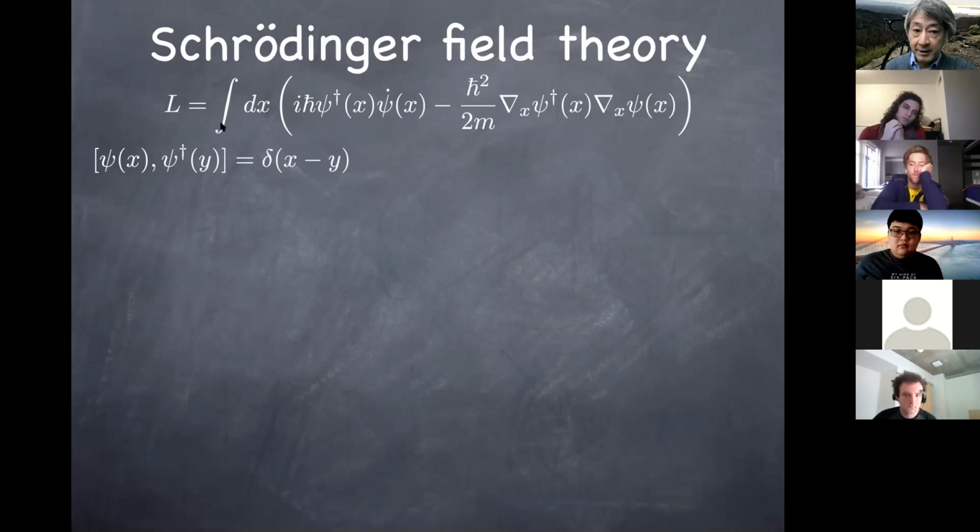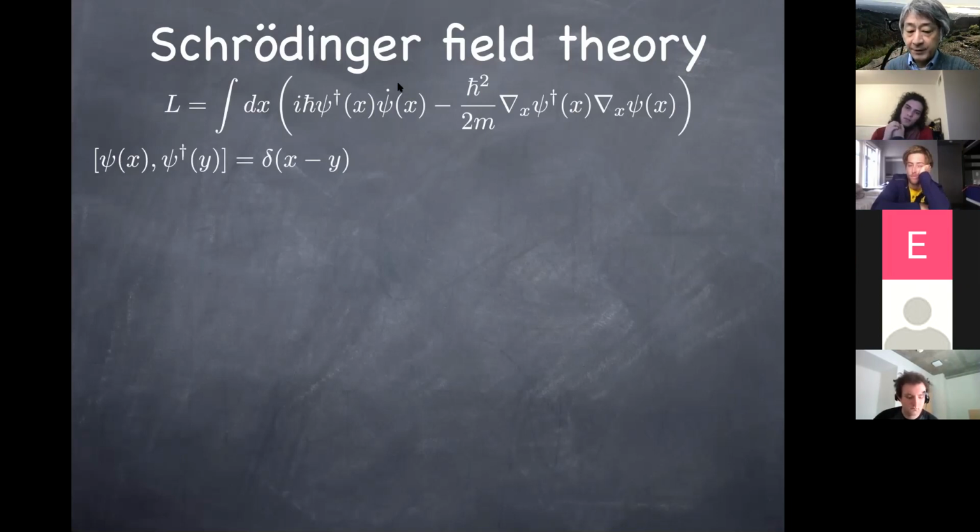So if we have a Lagrangian, the derivative of the Lagrangian with respect to the time derivative of the coordinate is what defines the canonically conjugate momentum. And that's something you have done for the harmonic oscillator on the second day of the class. And now we are doing this for the field theory. So I take the derivative of the Lagrangian with respect to the time derivative of the field. Now that's psi dot, thanks to Newton. And then what multiplies it, i hbar psi dagger, is its canonically conjugate momentum.